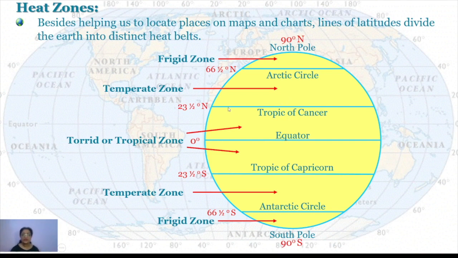Between the two tropics, the Tropic of Cancer in the northern hemisphere and the Tropic of Capricorn, this entire part of the earth is called the tropical zone, or the torrid zone. Torrid zone means it is the hottest zone on earth.